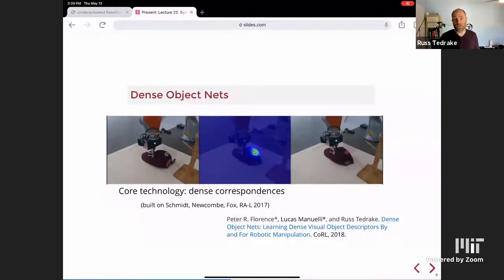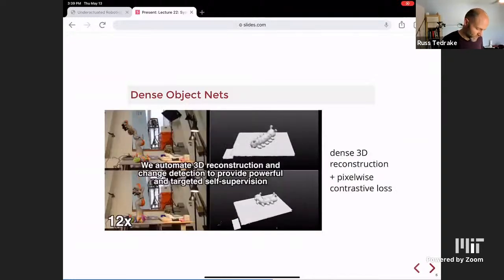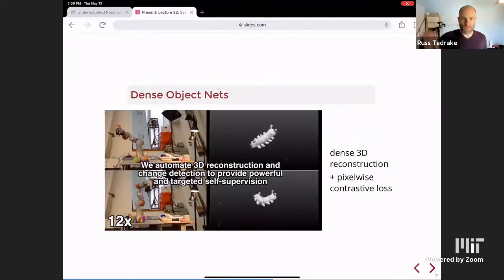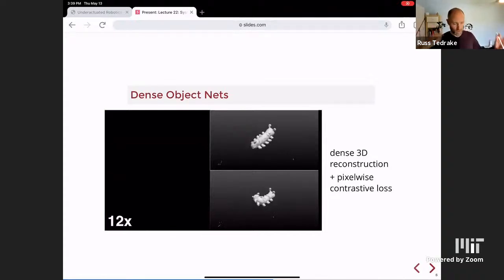Okay, so that's a tool that can be trained through self-supervision. The robot just moves itself around, or you have multiple cameras looking at the scene while the objects are moving around. And just by saying, oh, this part that I know must be the same pixel, I saw it from this angle and I saw it from this angle, so therefore I should train a network to make those the same, and network endpoints that are not the same in that data should be different, is enough to train these front-end networks.